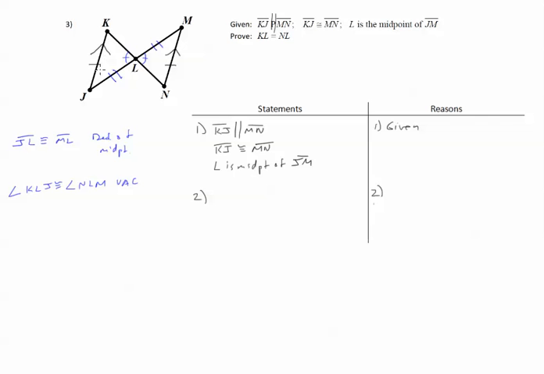I know that these two are parallel, which lets me use any number of transversal relationships. Let's just choose one and go with it and see where we're at. Let's say that angle KJL is congruent to angle NML.